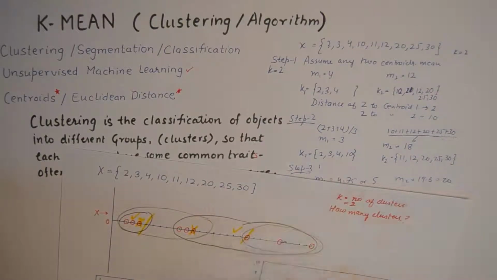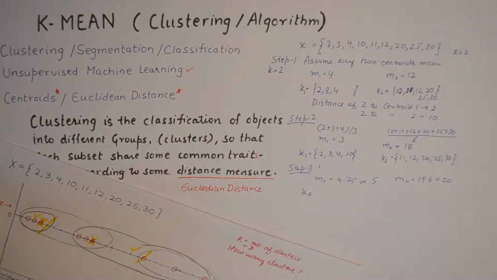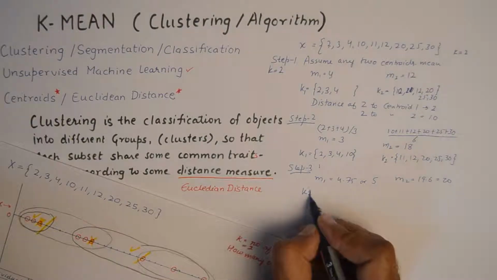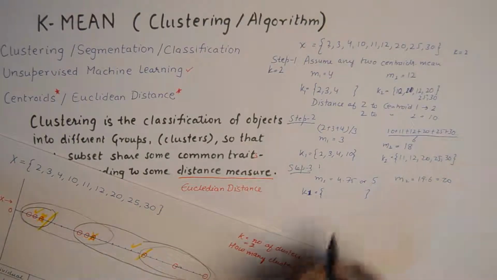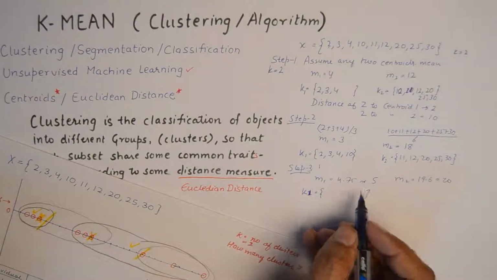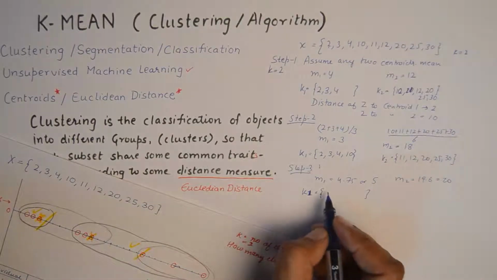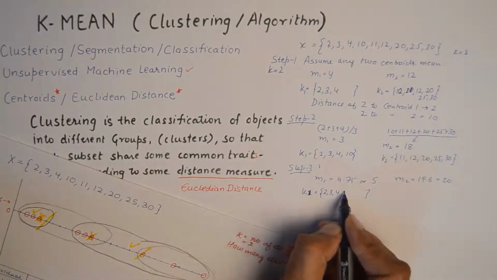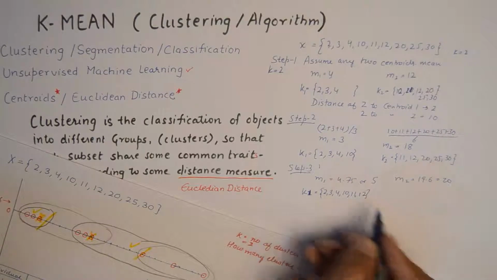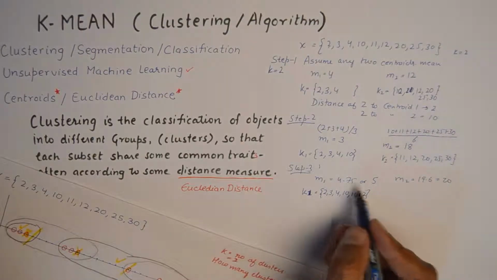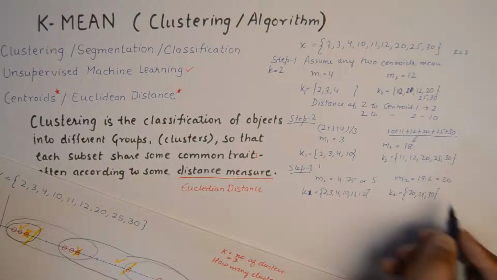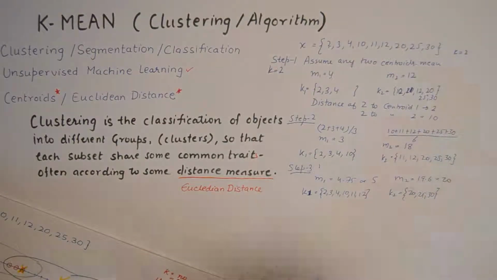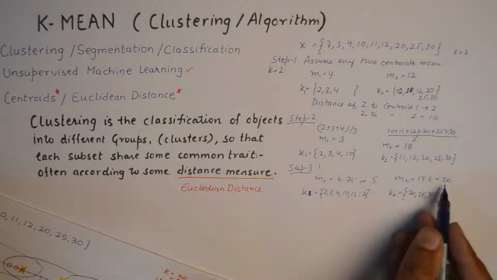So let's see where the data points will fall now. In cluster 1, which has a centroid at 5 approximately, we'll see that 2, 3, 4, 10, 11, 12, all of them will be nearer to 5, and only 20, 25 and 30 would be nearer to 20.